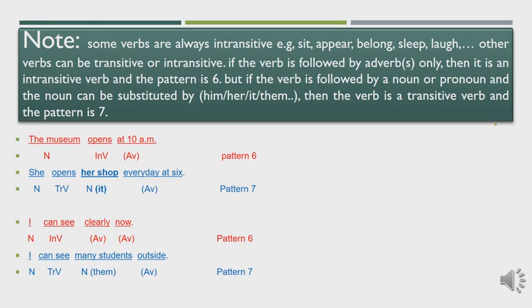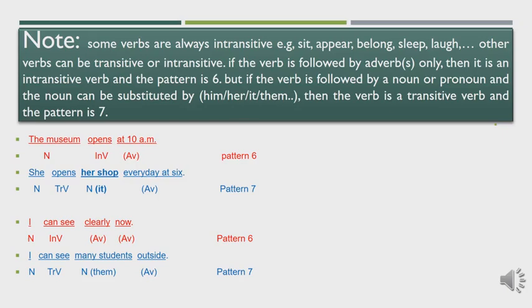For example, the verb open can be transitive or intransitive according to the structure of the sentence. Let's take this verb in two sentences. In one of them, it is intransitive and in another, it is transitive. In the first sentence, "The museum opens at 10 a.m." Notice that the verb opens is followed by an adverb of time.